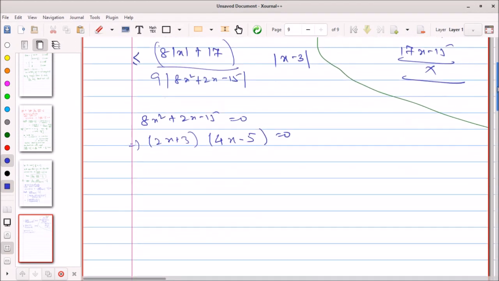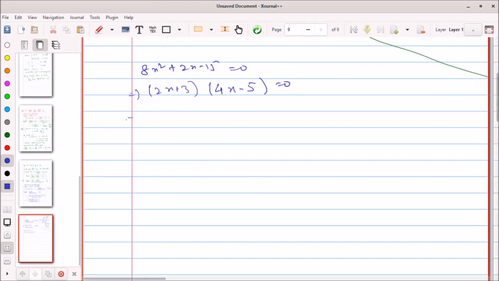And what does this imply? So this implies x is equal to minus 3 by 2 or x is equal to 5 by 4.